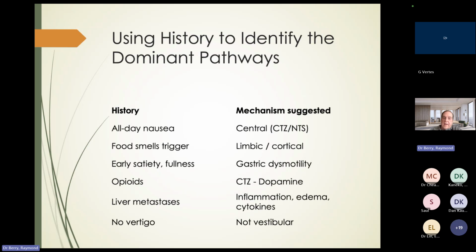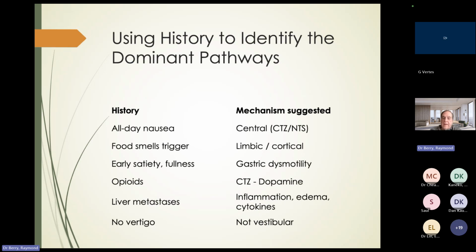So here, the history again. What are the dominant pathways? That all-day nausea, that persistent, that's almost always chemoreceptor trigger zone activation in the absence of some specific triggers, such as being on chemo, where the serotonin would be activated. But that persistent all-day nausea, that's where we have to really get to that chemoreceptor trigger zone and the dopamine. The food and the smells, that's in the limbic cortical system, and we'll talk about how to address that through which we already have, but we'll go through it in a case.